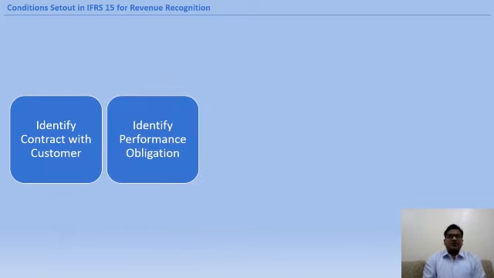Next, identify performance obligations. Performance obligation means the activities or actions which the service provider or the seller has to provide to the customer. The performance obligation can be a single performance obligation or multiple performance obligations involved in a composite contract.